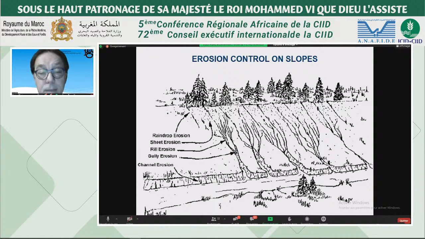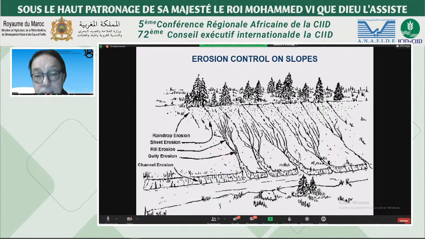Juste une revue rapide sur les types d'érosion sur les pentes. Donc, l'érosion avec le ruissellement et la pluie progresse lorsqu'il y a un ruissellement constant, et passe d'un petit ruissellement à un ruissellement plus important, ensuite à des ravines, et à l'érosion en canal pour finalement s'élargir vers le côté fluvial.